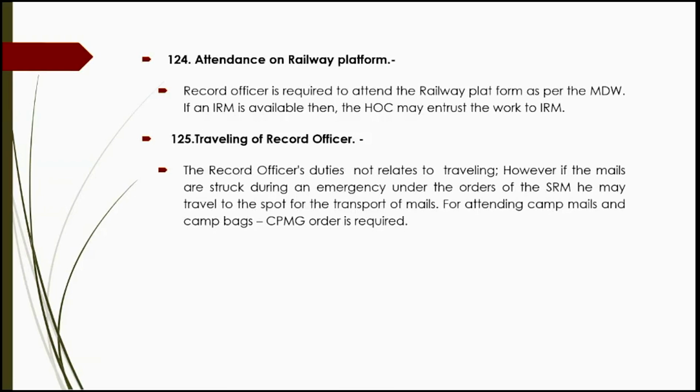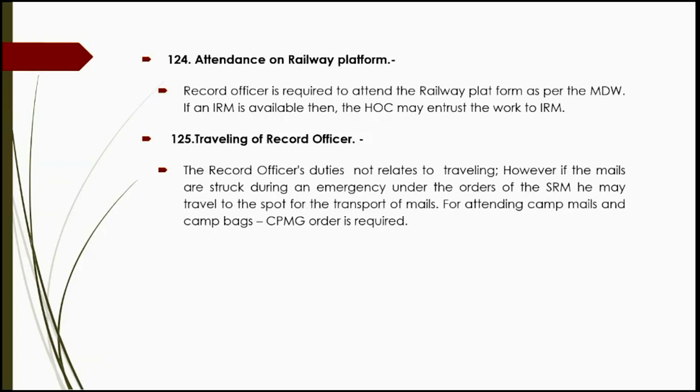Traveling of the record officer. Generally, we see that the record officer is just maintaining the record, so he is not going to travel anywhere. But if there is an emergency situation, like interruption of mails occurs, they are receiving information. We already know that whenever mails are interrupted, the information should be provided to the superintendent through the record officer.